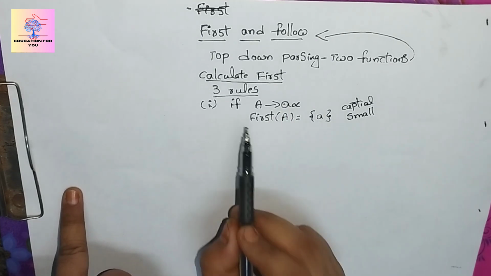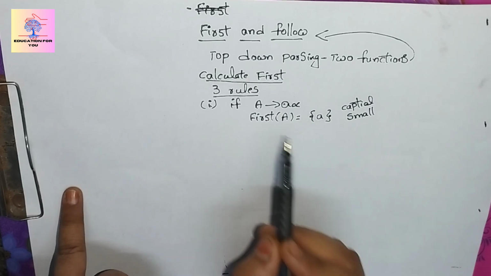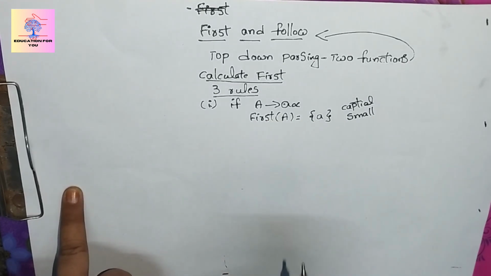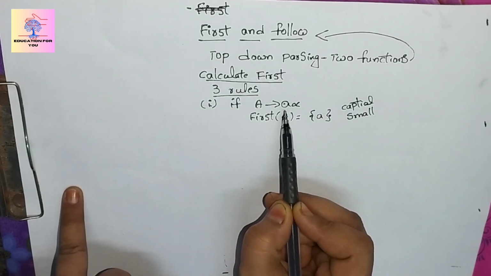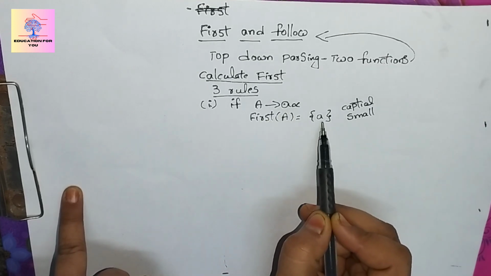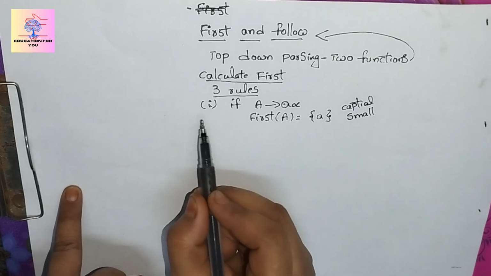Small a. So when you observe at the first place a small letter, that is a terminal, then that can become the first of the non-terminal, capital A. That is the first rule.